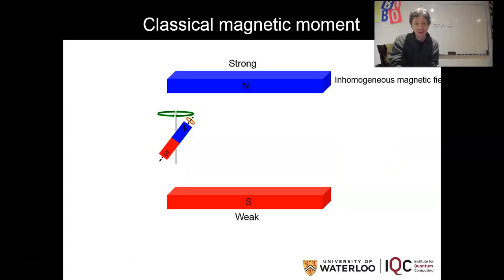So let's look at another example. This is an inhomogeneous magnetic field. Notice that I've written that the north magnet on top is strong and the south one on the bottom is weak. Now we still have that magnet spinning, so when it goes through this magnetic field, it will undergo gyroscopic precession.